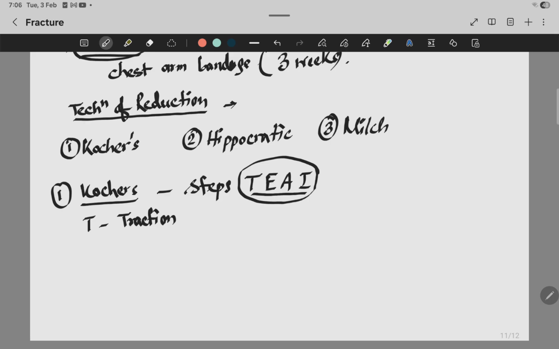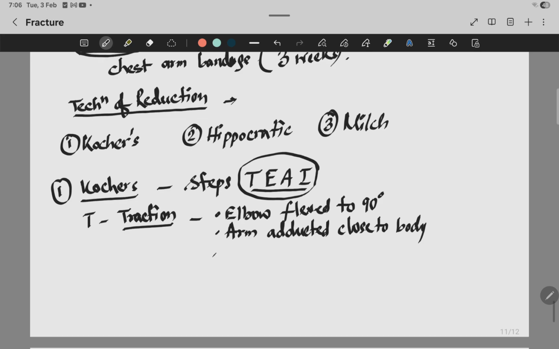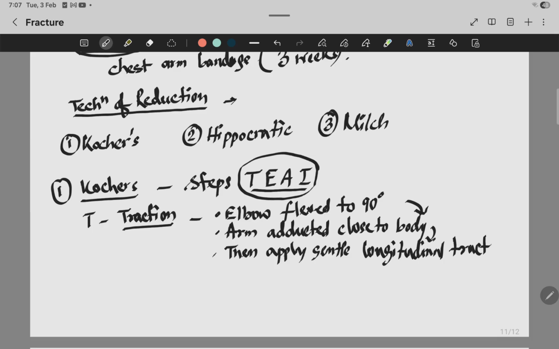Here, the elbow is flexed to 90 degrees, the arm adducted close to the body, then apply gentle longitudinal traction.